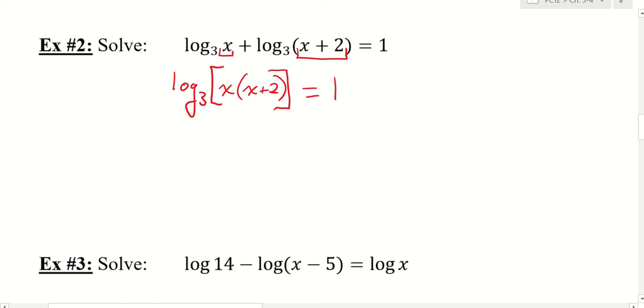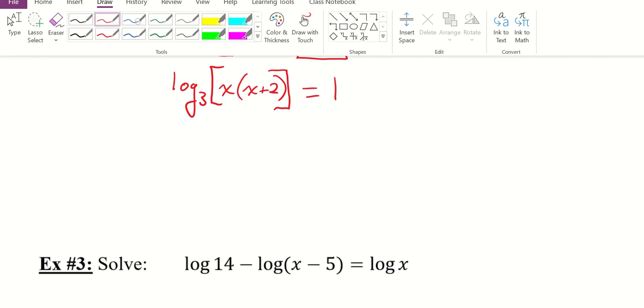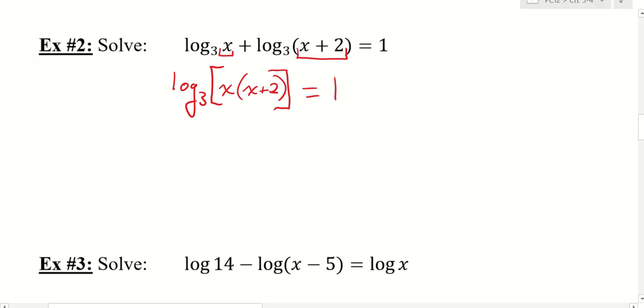All right. Now, is there anything that I can do at this point? Well, one thing I can do is write this in a different color. I can turn this into exponential form.